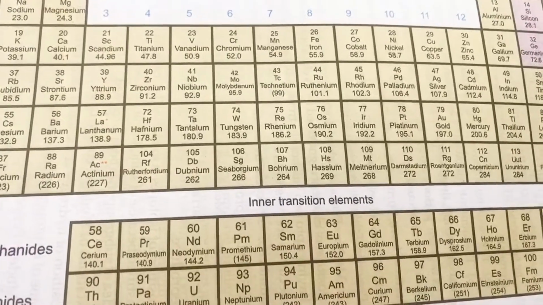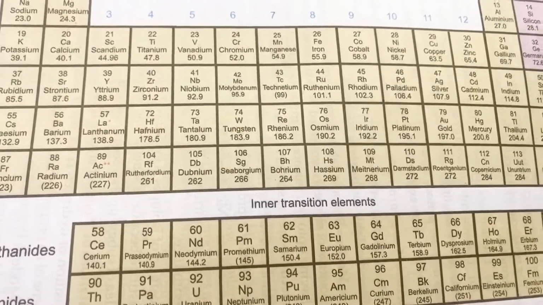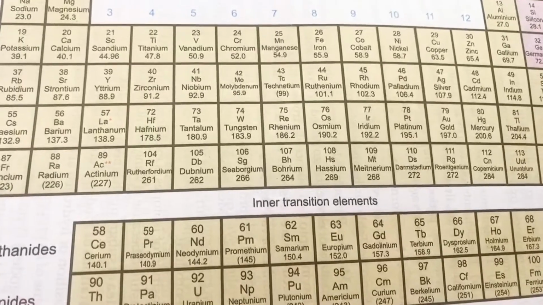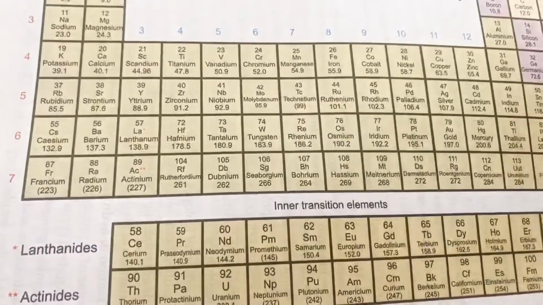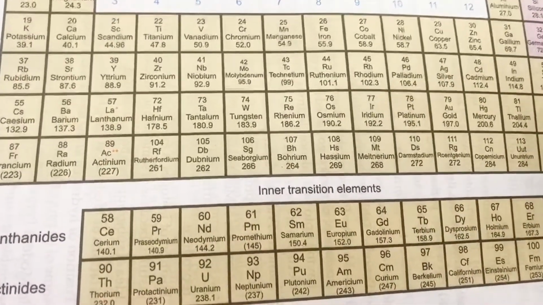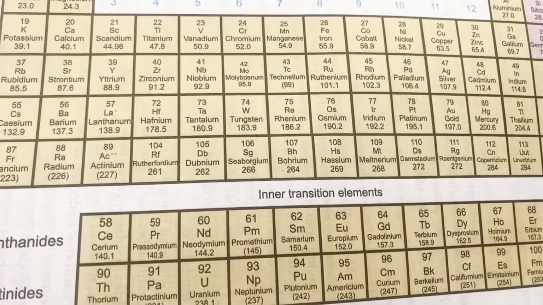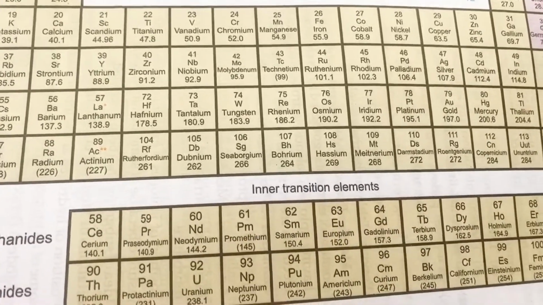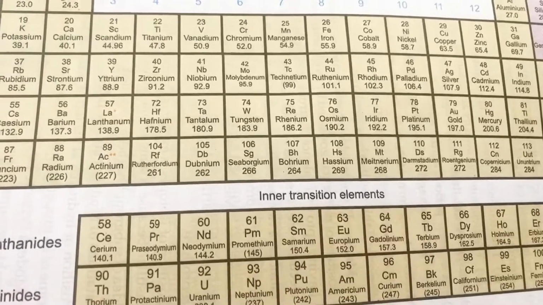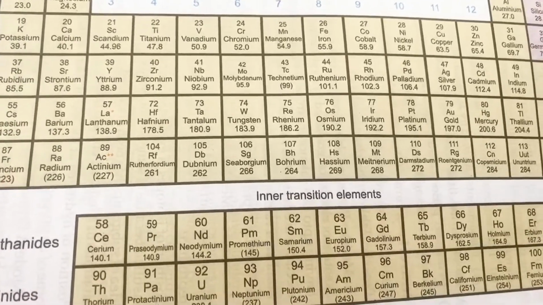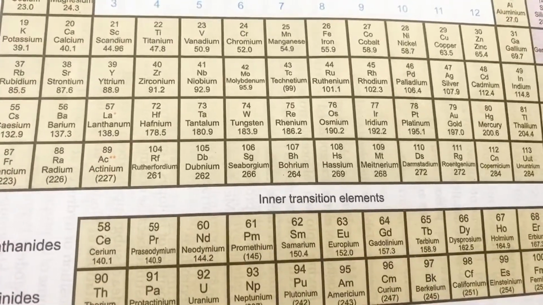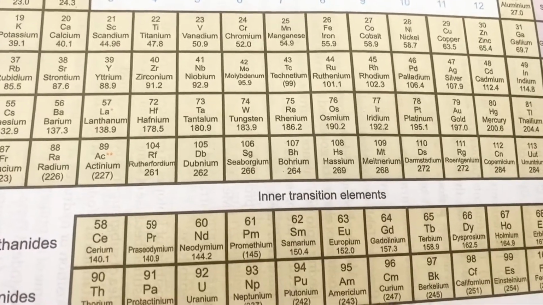What he did was arrange all the elements in order of their atomic numbers. One more thing students, atomic numbers are based on the number of protons, so whatever the number of protons, we have to count the same number of electrons.